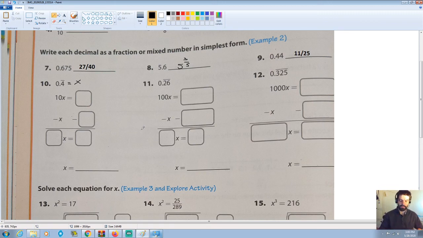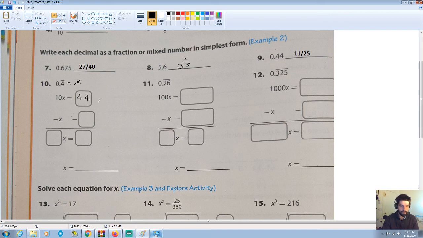Most importantly, remember, with equations, treat them like balance scales. In order to keep an equation balanced, we want to make sure we're applying the same operation to both sides of the equal sign. So here we're multiplying both sides by 10. This is going to give us 10x is equal to 4.4.